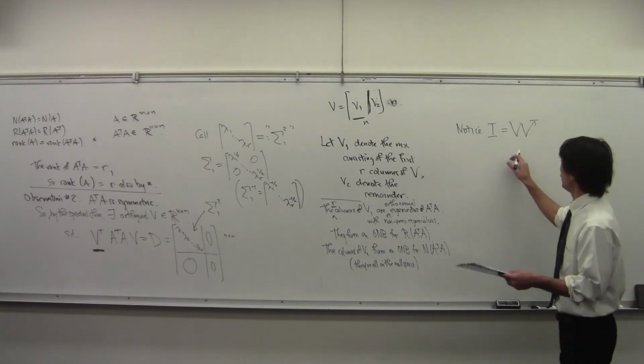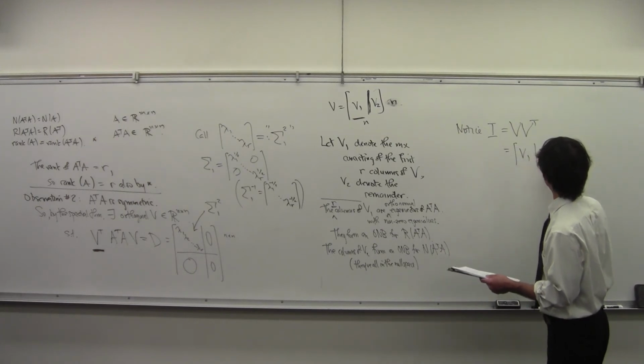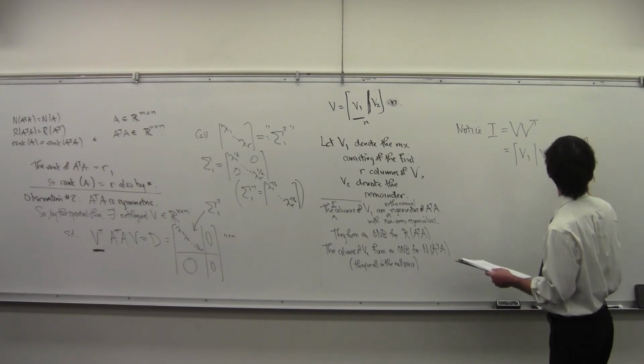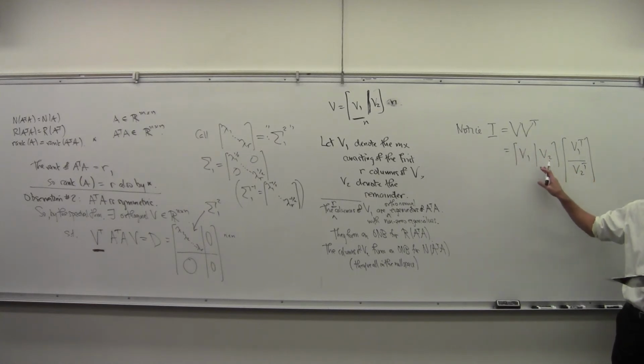So let me write it like this. This is V1, V2, times V1 transpose, V2 transpose. Because V was on the left V1 and on the right V2, and I'm just going to transpose it here. So I'm just splitting up V into its two parts.